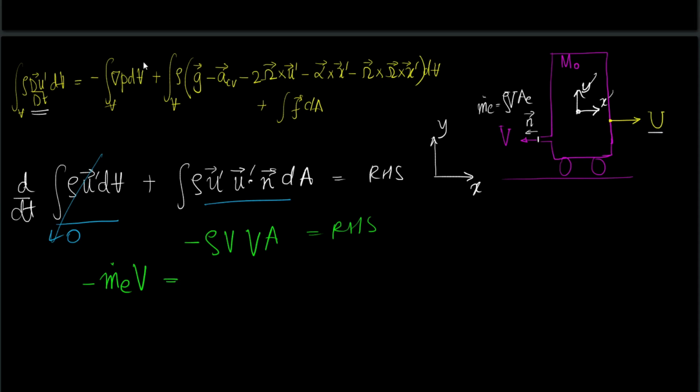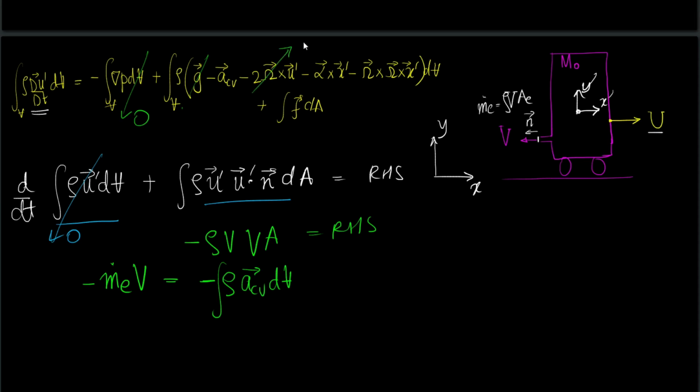Now what about the RHS? There is no force as such because of the pressure difference. Everything is vented to the atmosphere. So this is going to be 0. No effect of gravity. Now this term will exist. So we have minus rho A_CV dV.